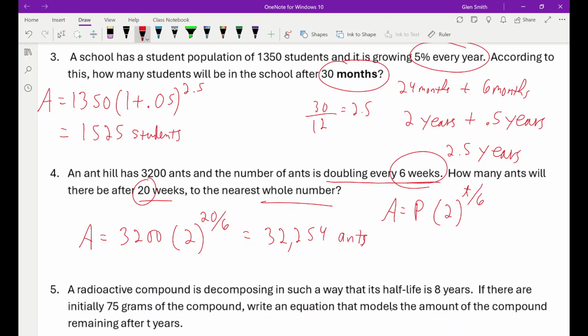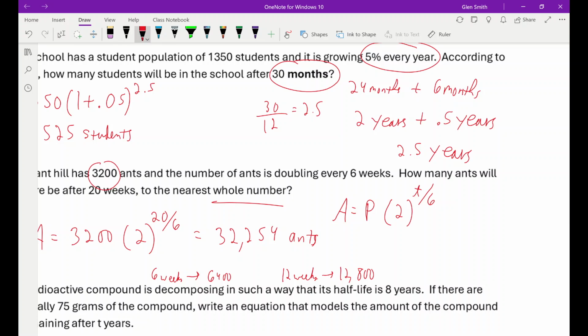Okay. And what I was just doing in my head there, I thought that was too big. So what I just did was, I said it's going to double every 6 weeks. So I just made sure this made sense in my head. So if I start with 3,200, after 6 weeks, doubling that is 6,400. After 12 weeks, which is 6 more weeks, it's going to double again, so that should be 12,800.